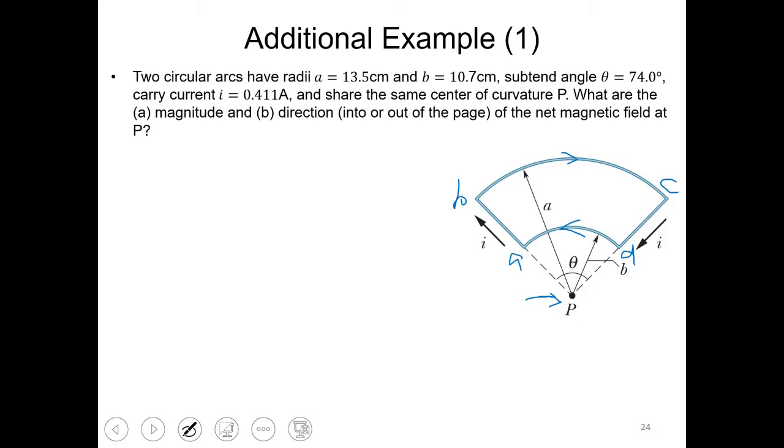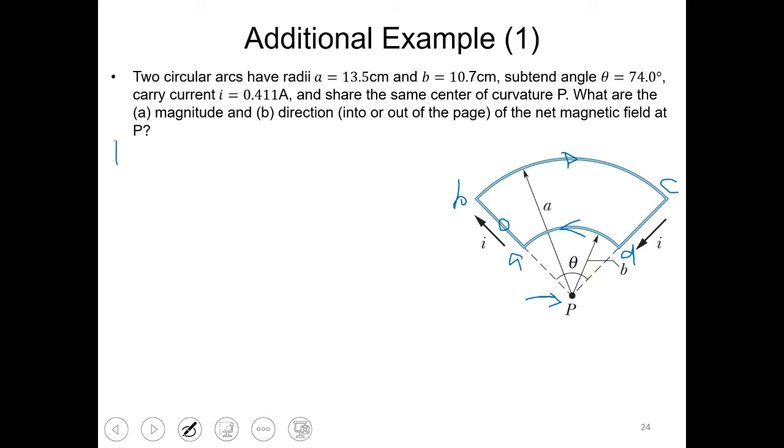For AB, because P is on the same line as AB, this segment will not contribute any magnetic field at point P, and so for CD. So the only segments that will generate magnetic field at point P are BC and DA.